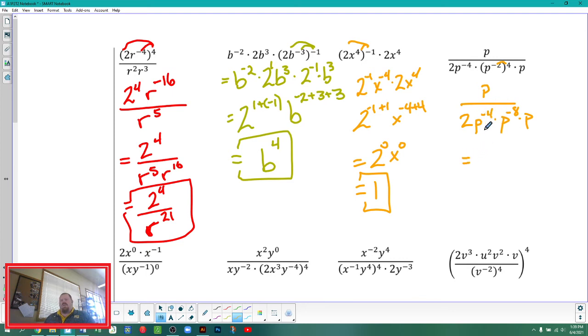And that's going to be p on top, 2p to the negative 4 plus negative 8 plus 1. Negative 4 plus negative 8 is negative 12. Negative 12 plus 1 is negative 11.